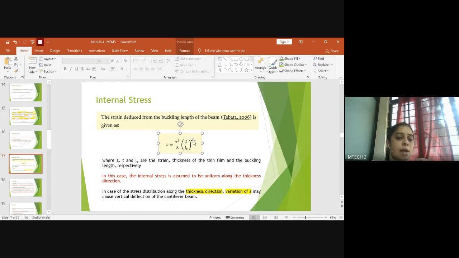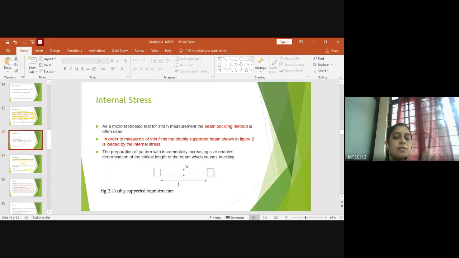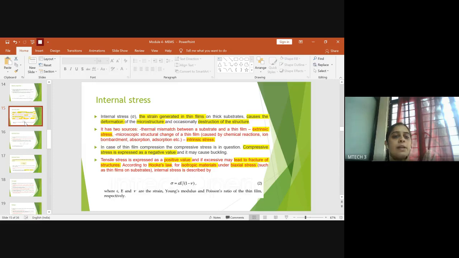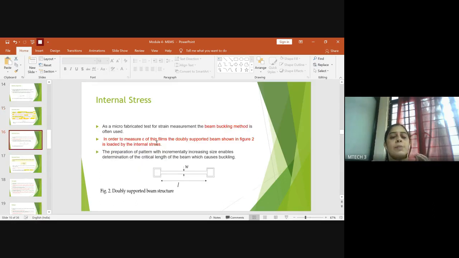So if they ask you about the stresses, you should be able to explain the importance of internal stresses, what the two sources are, when it will be positive and when it will be negative, and based on Hooke's law, how you derive the equation for the stress. Then you should explain the buckling features by taking the example of a doubly supported beam structure.